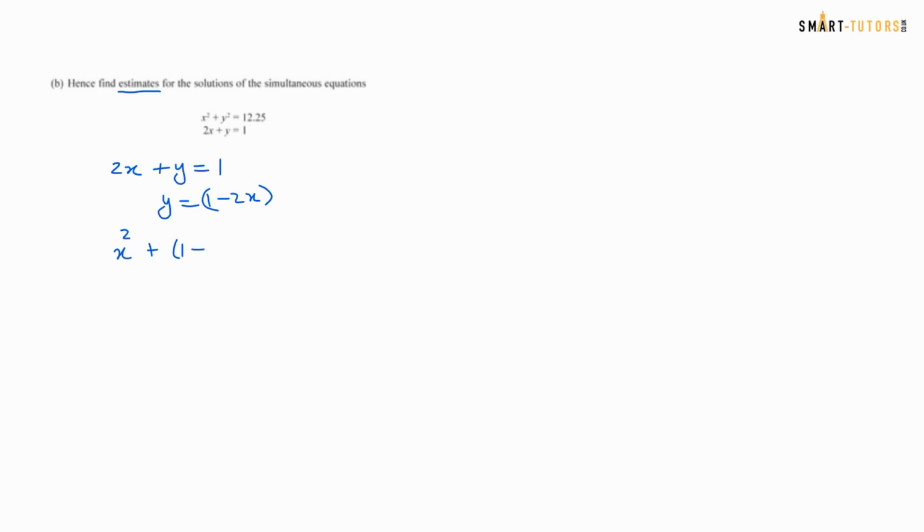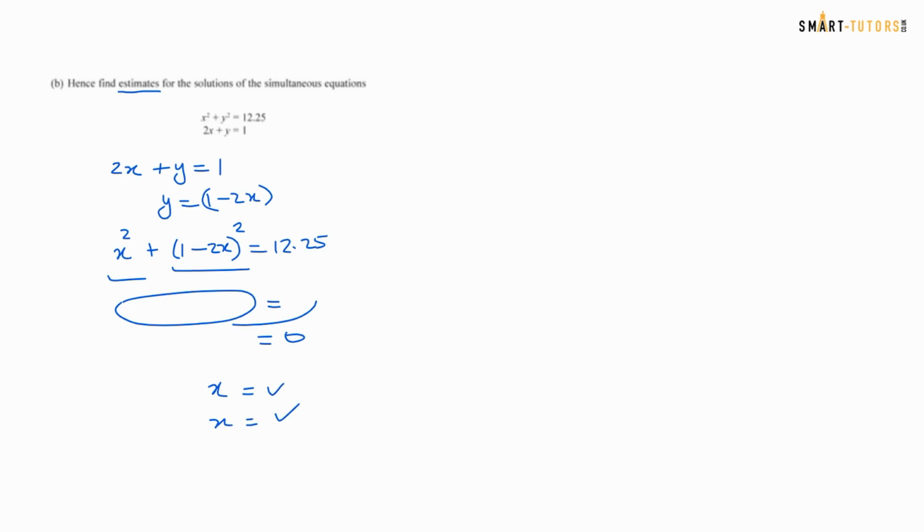So x squared plus y squared, instead of y you put 1 minus 2x whole thing squared, equals 12.25. Then you expand this, collect the like terms, and you get a quadratic equation. Bring the number to make it equal to 0. Use the calculator or the quadratic formula, and you will end up with the x answers, and you substitute to get the y answers. You'll end up spending the next 10 minutes doing this question algebraically.